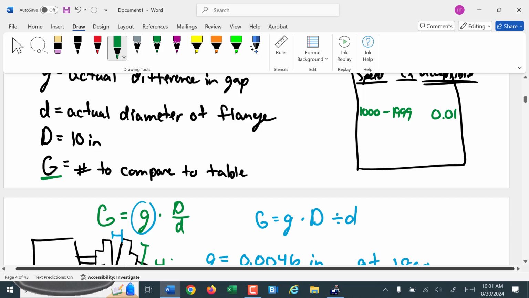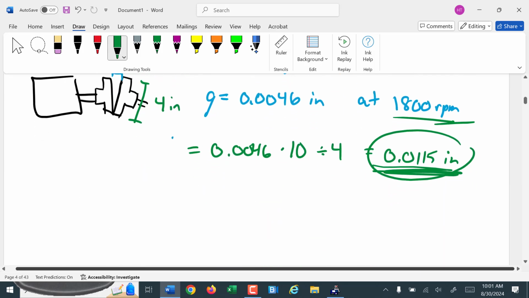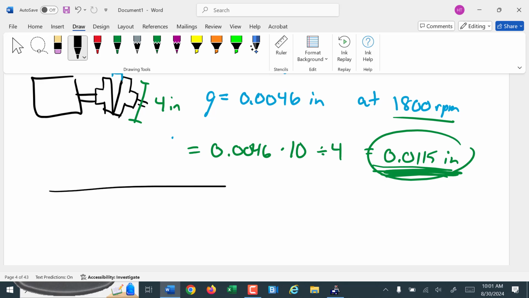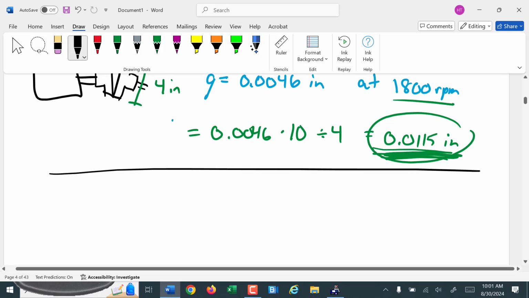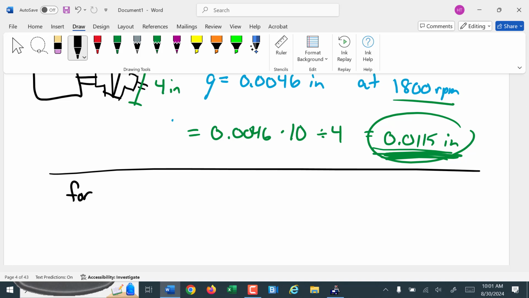So 1800 RPMs would be between the 1000 and 1999, right? So 0.010. Are we under that? We are not. We're slightly over that. So that is not an acceptable offset for that.